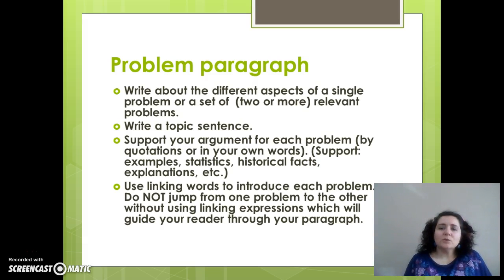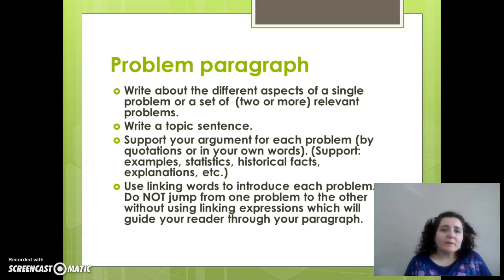One is you can write about a single problem, but from different perspectives, like from the different aspects of a single problem. Or you can write about a set of problems that are related to each other. So it depends completely on how you want to put it and your topic, of course. So anything you do is welcome.